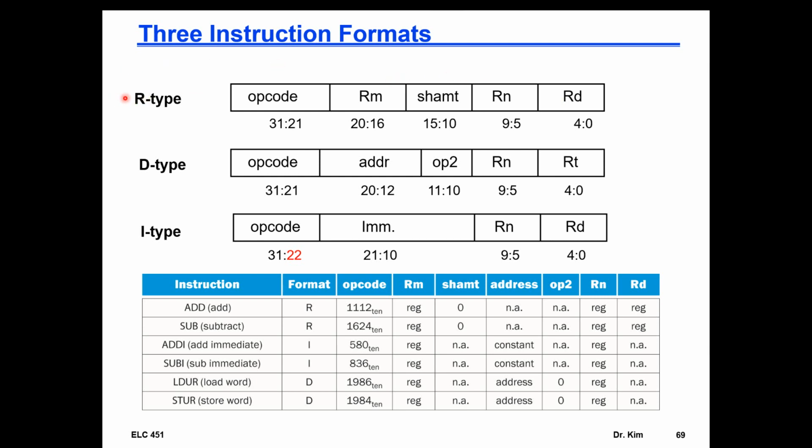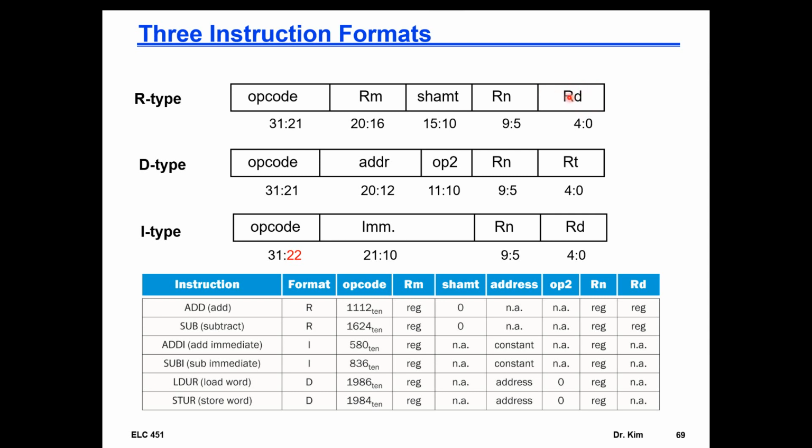Since this is used by arithmetic instructions, we can also indicate a shift amount of the main source register before it gets operated on by whatever operation the opcode encodes, and then put into the destination register.